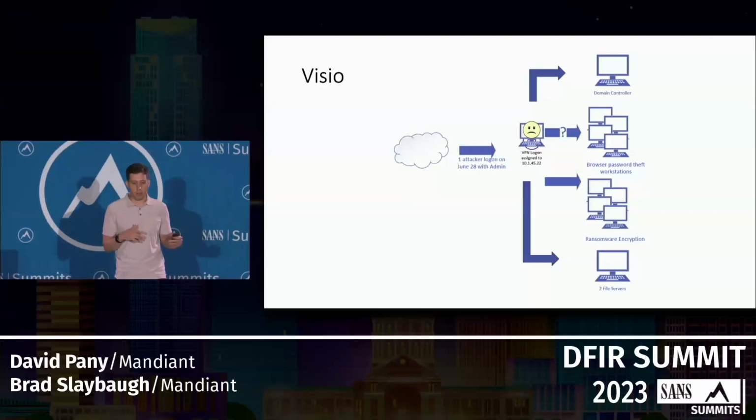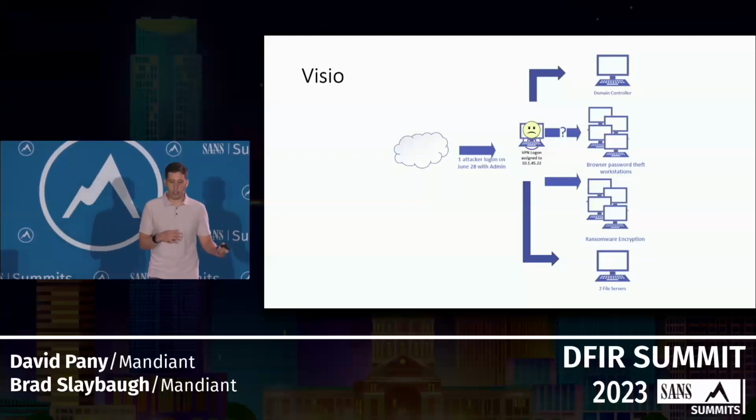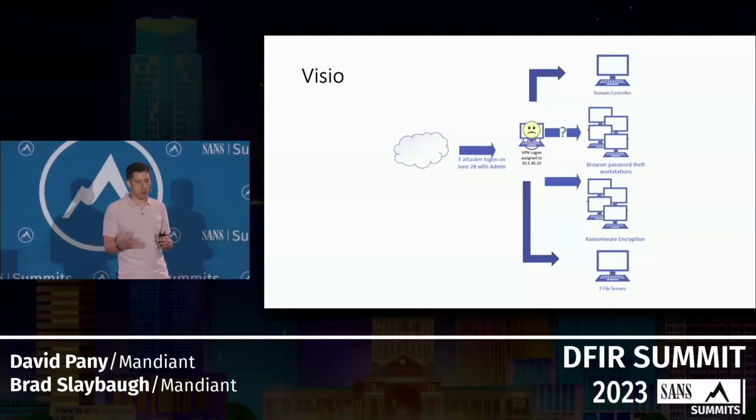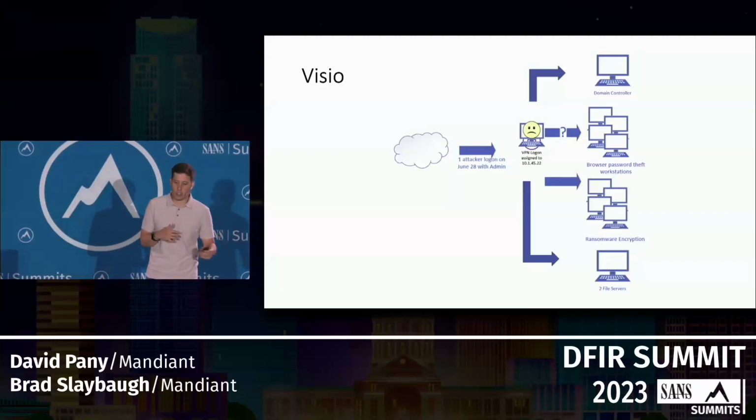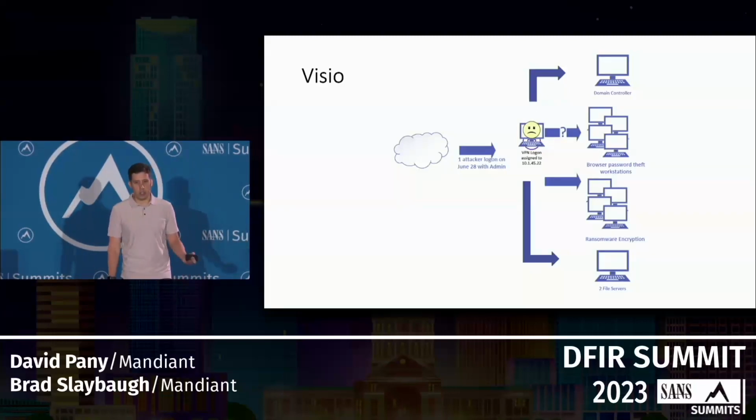You can expand as more information is identified, as you identify new systems that are compromised, new techniques the attacker's doing, things like that. Really, the goal here is just to find a tool that you're most comfortable using, that makes sense to you, and that you can use to present the attack path to your various targeted audiences.